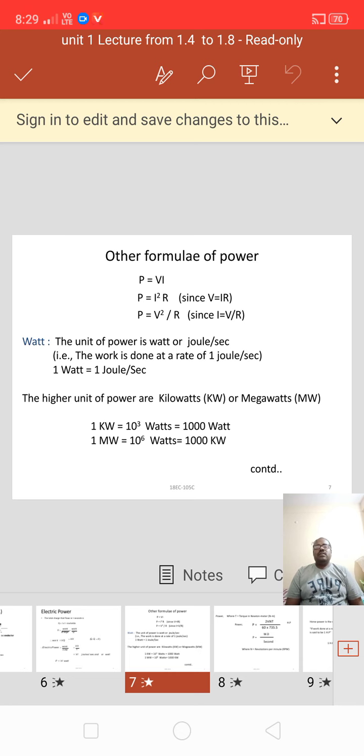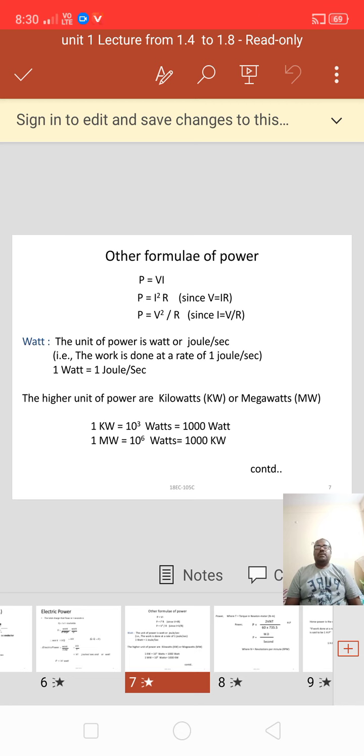You remember, in the demonstration of Ohm's law, I delivered the different forms of formulas of voltage, current and resistance.